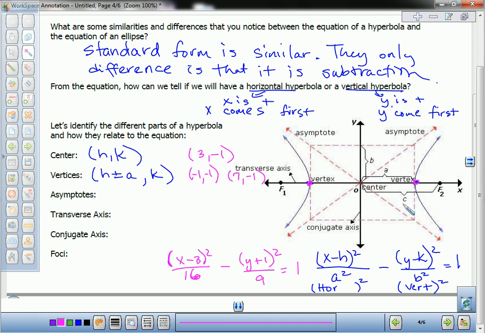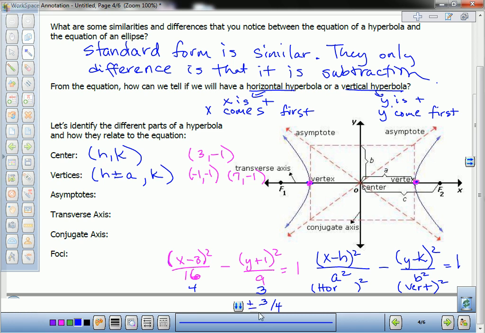Slope. So to find the rise over run, we look for the move under our y, that's our rise. Y, up and down. The move under our x, that's our run. So in this case, our asymptotes would be this slope. That would be the positive one. How would I get the negative one?